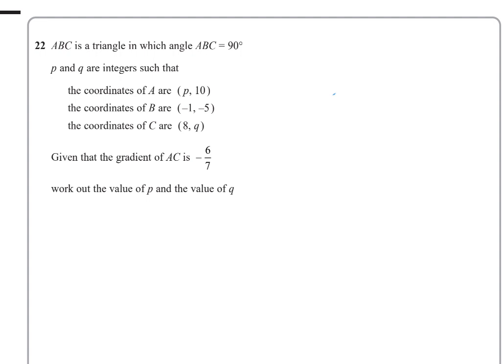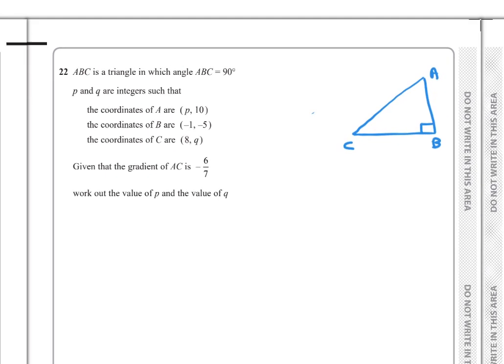Draw triangle ABC. This triangle ABC is right-angled at B, so angle ABC. The coordinates of A are (B, 10), for B it is (-1, -5), and for C it is (8, Q).